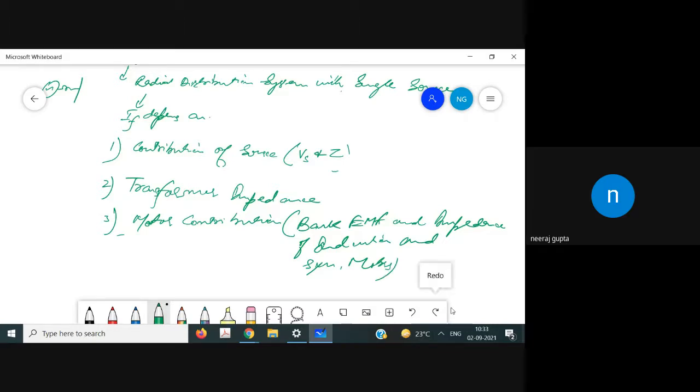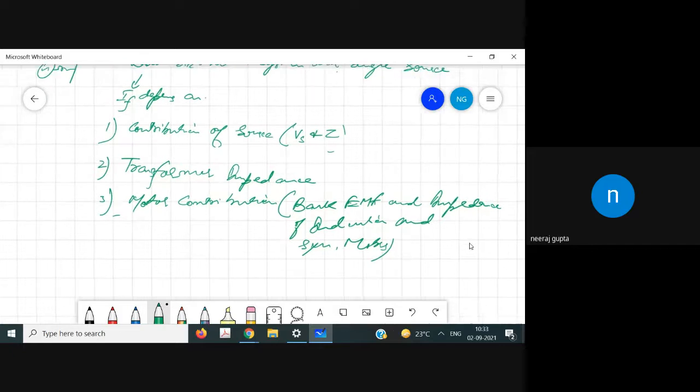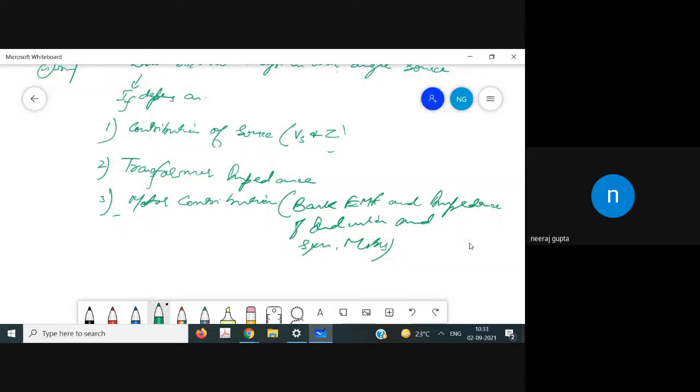And the fault current is also a function of the distance of the fault from the source.